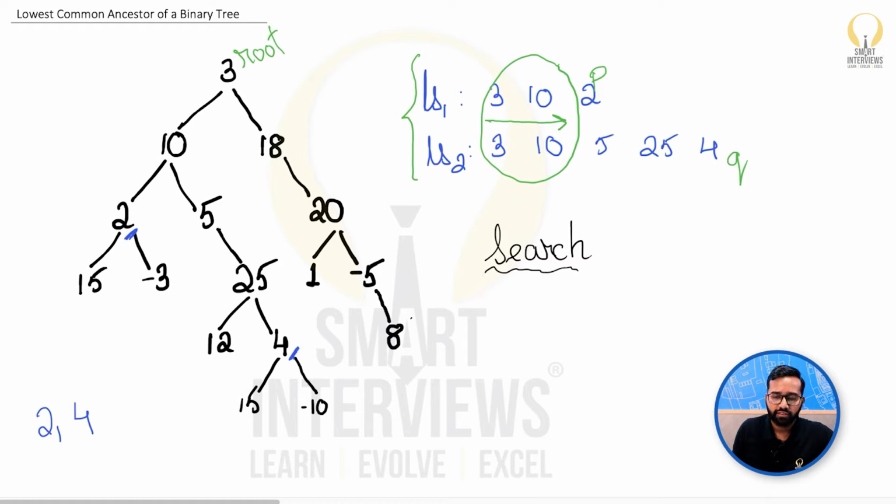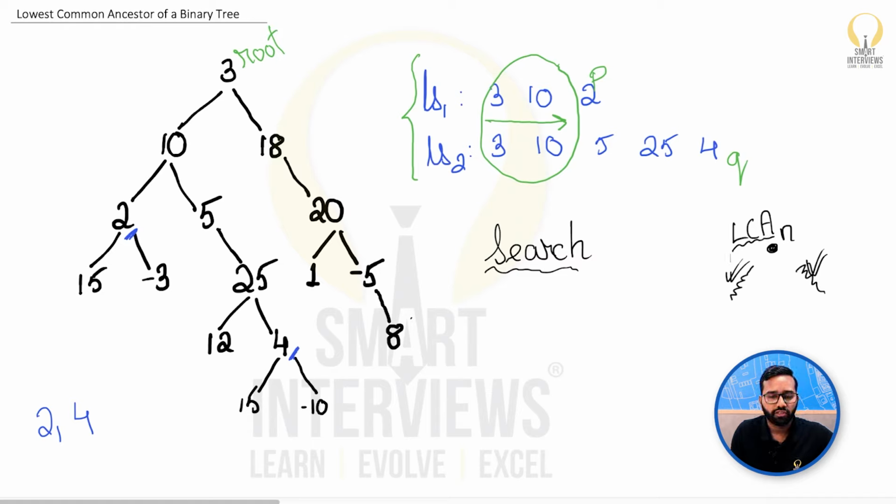The idea behind this is, if you are at a node say n, and if you are finding one of the two nodes on the left side of n, and if you are finding the other node on the right side of n, it means this node n becomes the LCA.